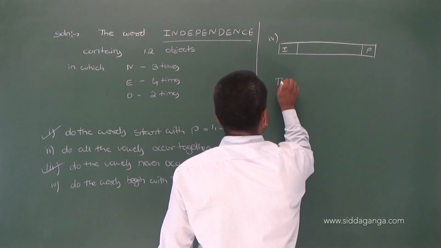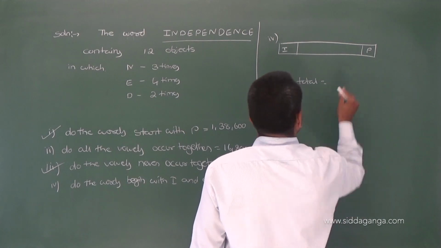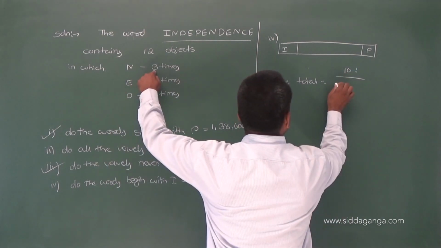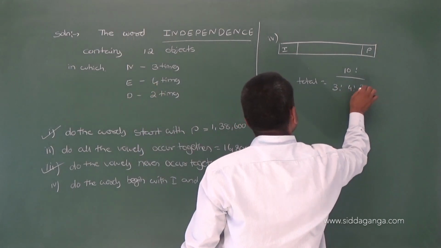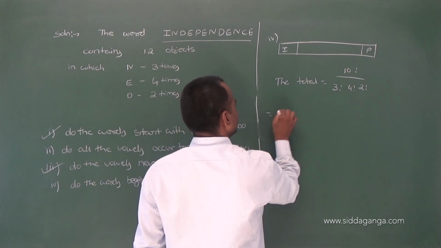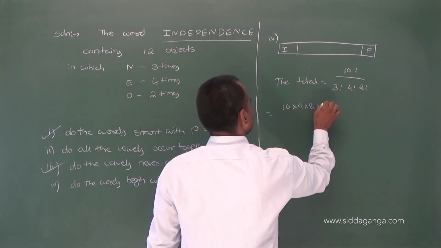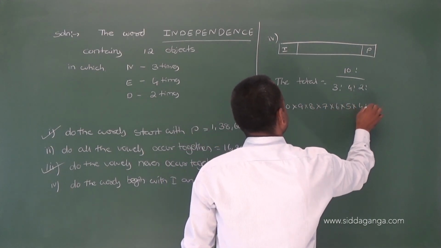The total number of arrangements: N factorial divided by, N is repeated how many times? 3 factorial, 4 factorial, 2 factorial. Calculate. 10, 9, 8, 7, 6, 5, 4 factorial.